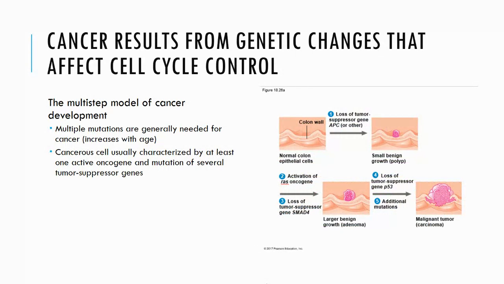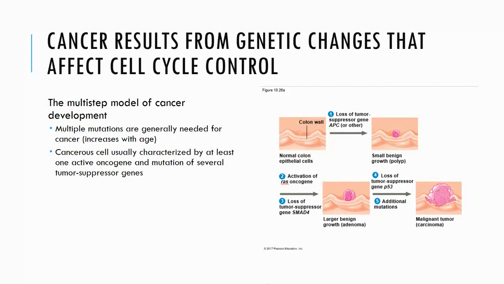And finally, we'll take a brief look at the multi-step model of cancer development. Multiple mutations are generally needed for cancer, and so that's going to increase as we age and get older. The cancerous cell usually is characterized by at least one active oncogene and a mutation of several tumor suppressor genes. And so here in figure 18.26, we have an example of colon cancer.